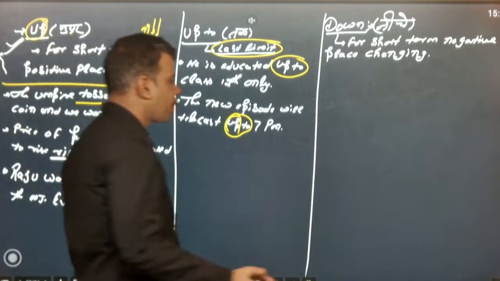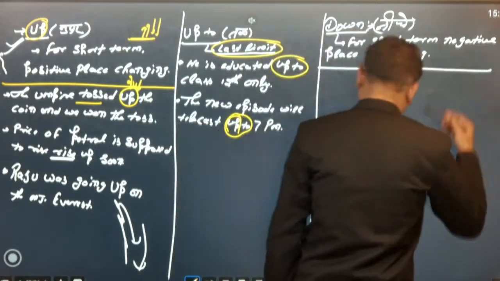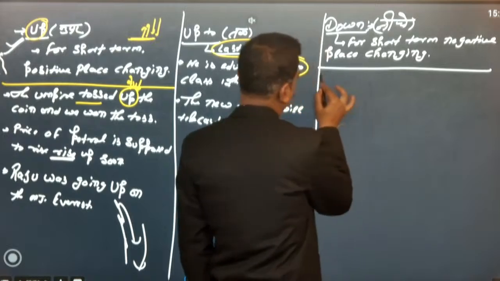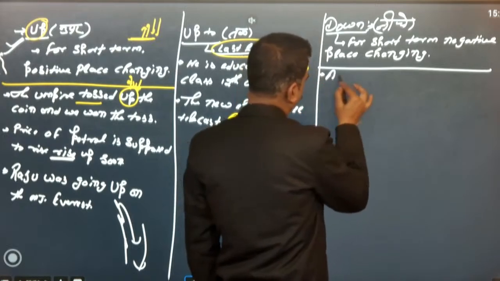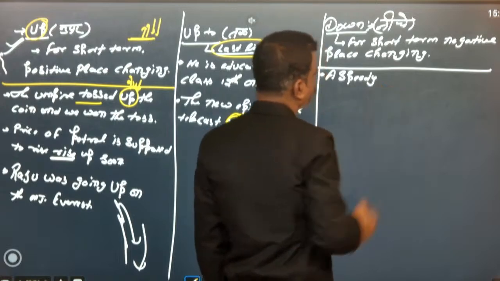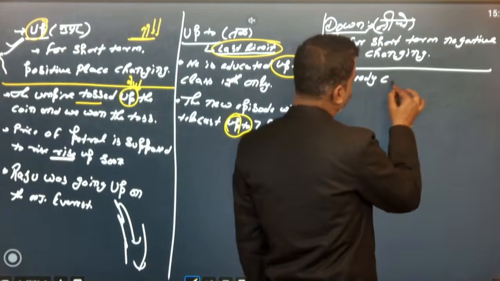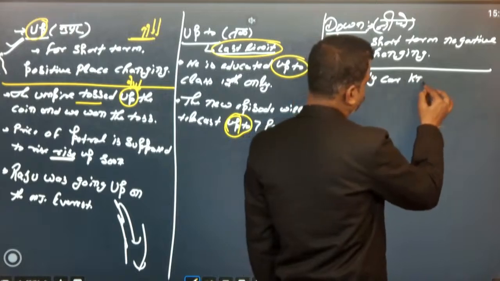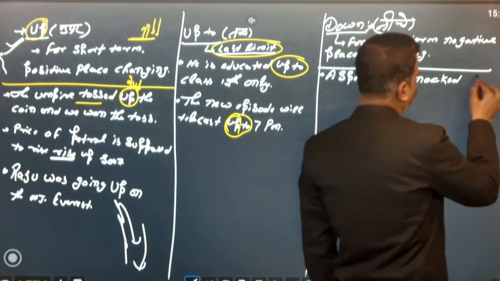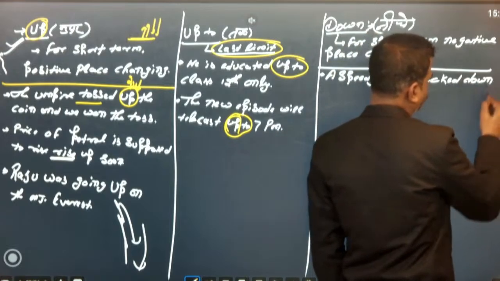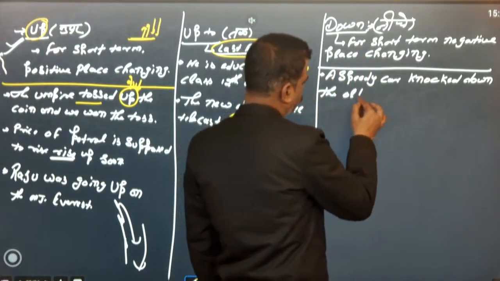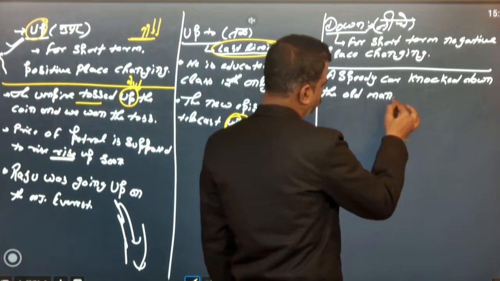जैसे, a speedy car knocked down the old man.